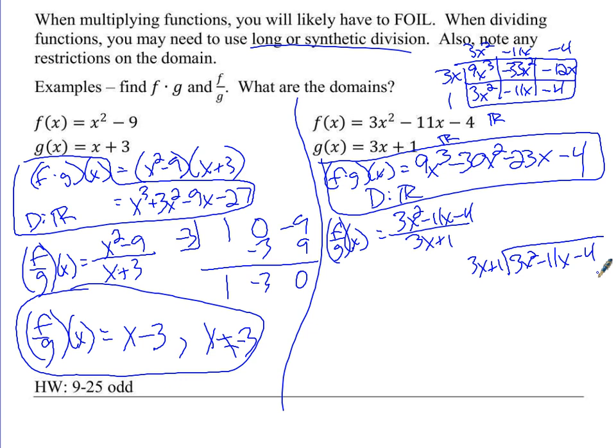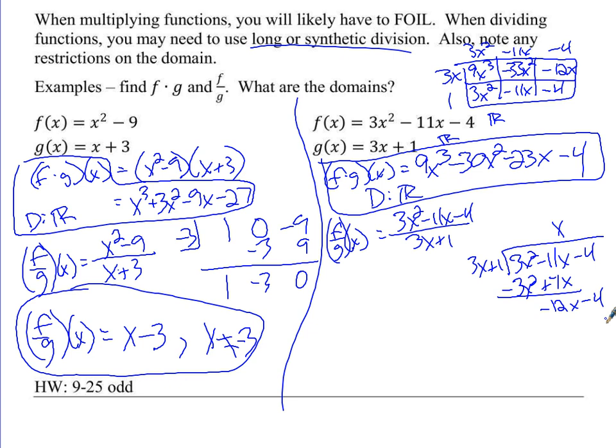Now to do long division, I say what times this gives me this, and the answer is x. x times 3x is 3x squared. x times 1 is plus 1x. When I'm doing long division like this, what do I do next? Change all the signs and add. 3x squared goes away. This becomes negative 12x. Bring down the next term, minus 4.